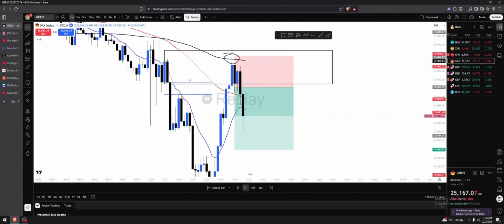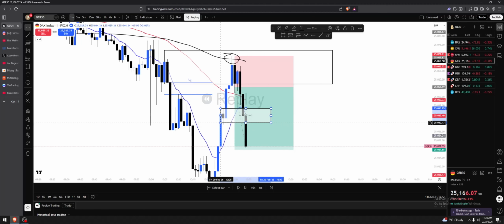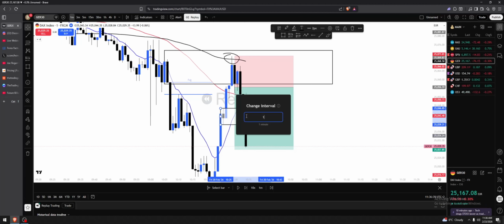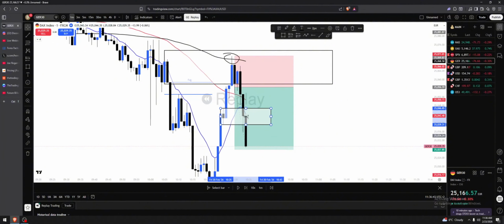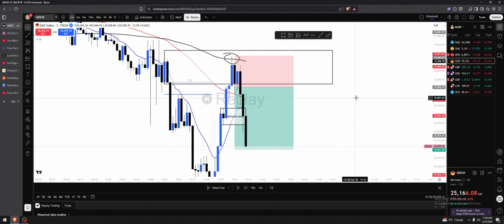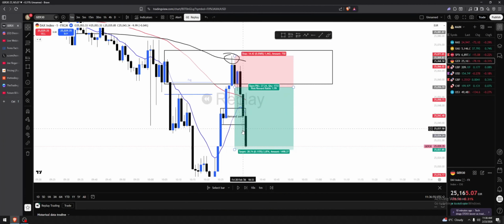And here it will play out, and as you can see, here we had a demand zone, just let me 1 minute, demand zone. Which was not respected. As you can see, it broke right through.